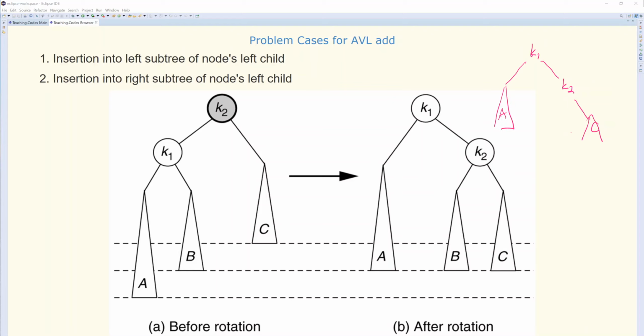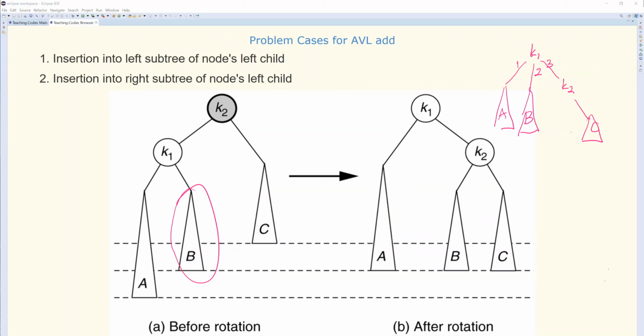C was also, remember, a triangle. A comes here, but the problem is, remember K1 also had B here, that B would also be here. But then K1 has 1, 2, 3 children. Then it's not a binary tree. We have a problem here.